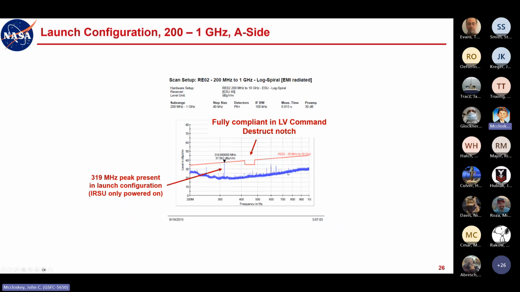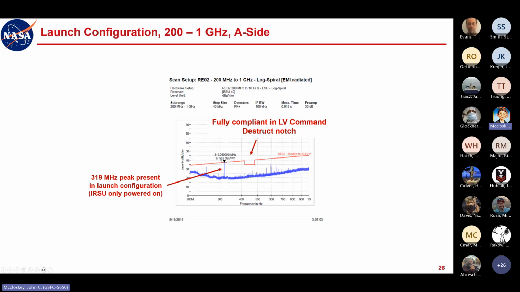The default measurement bandwidth of 100 kilohertz was the specified bandwidth to use in this band destruct receiver notch, so we didn't have to change bandwidth. There's the 100 kilohertz right there. So it was all just part of the same scan. So we're fully compliant in the launch vehicle command destruct notch, no problem.